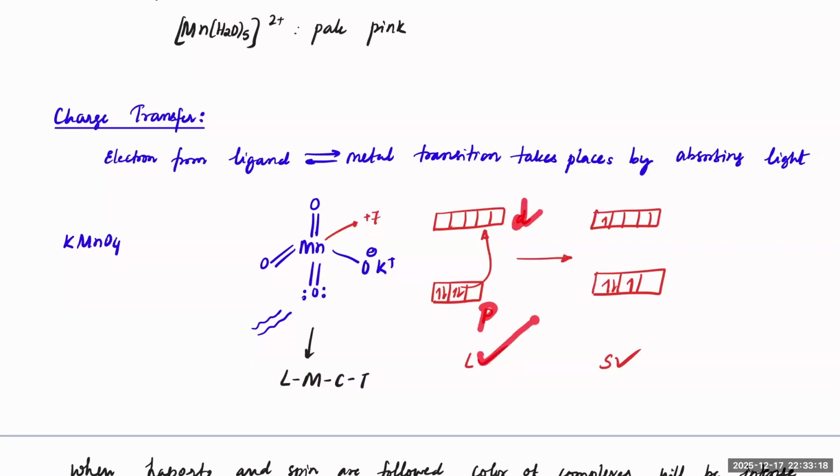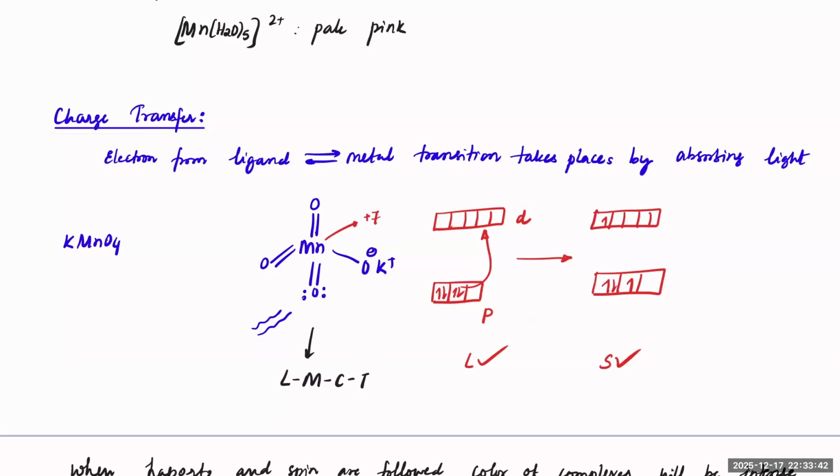That means it is Laporte allowed. It is following the selection rule. And when the electron has to go from here to here, does it necessarily have to change its spin? Not needed, right? So the spin rule is also followed. This type of movement of electrons is called charge transfer.